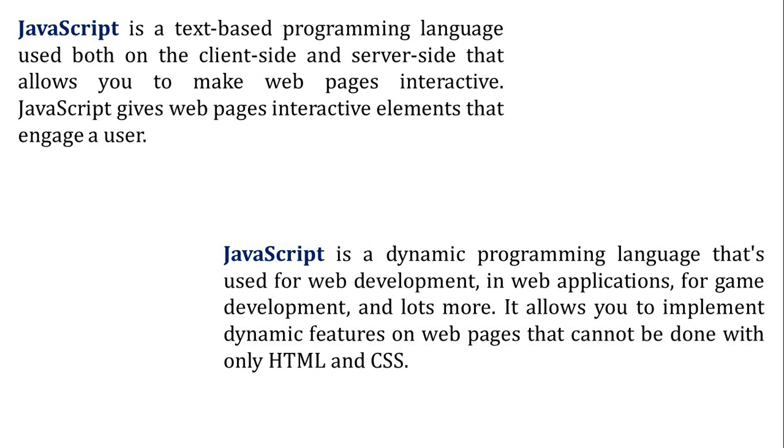JavaScript gives web pages interactive elements that engage a user. By using JavaScript, we create certain events in the web pages so that they can interact with the user who is using the web pages. So we have understood that by using JavaScript we can create interactive web pages.